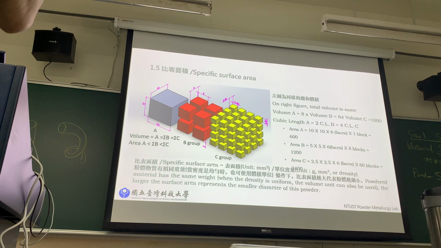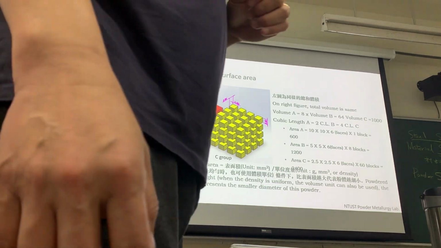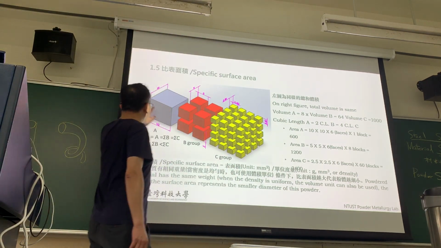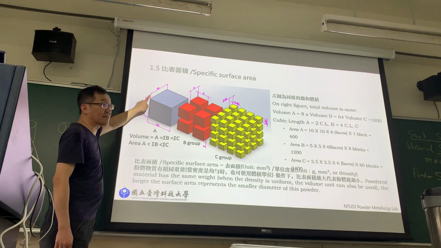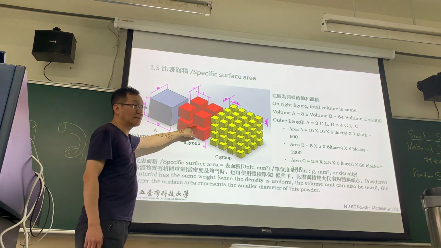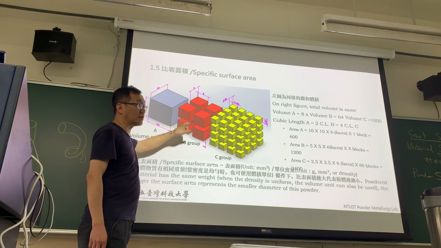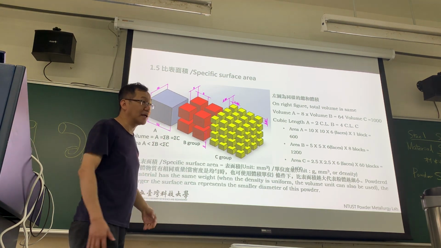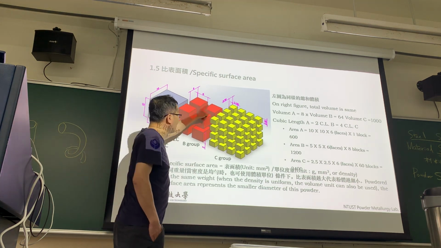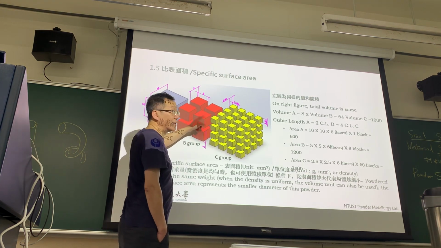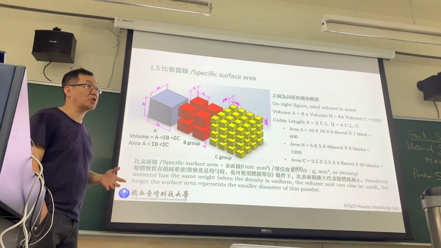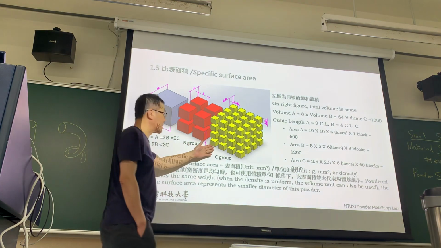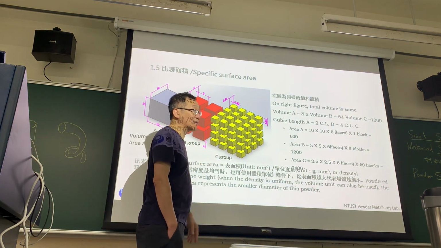Is the total volume the same or not? The gray is 10 times 10 times 10, which is 1,000. The red is also 1,000, but it is separated into 8 pieces, and the total volume is the same.